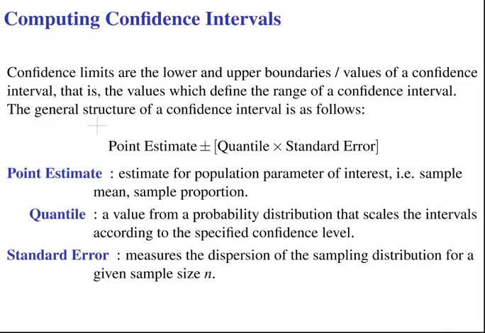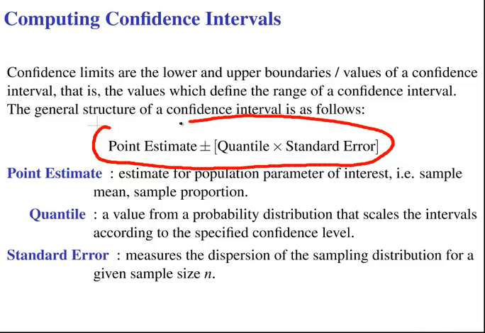So this is very important. This is the general structure of almost all confidence intervals. The point estimate, which would be the sample mean or sample standard deviation or the sample proportion or whatever, plus or minus the quantile.